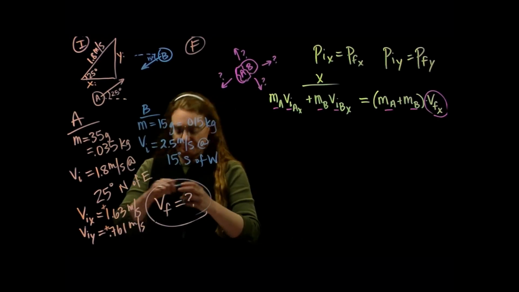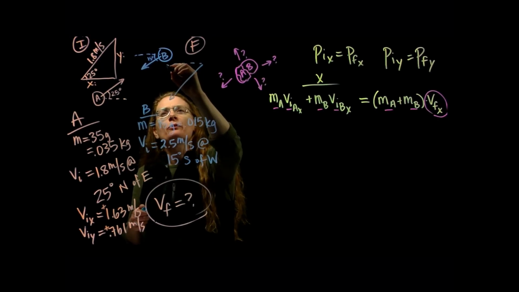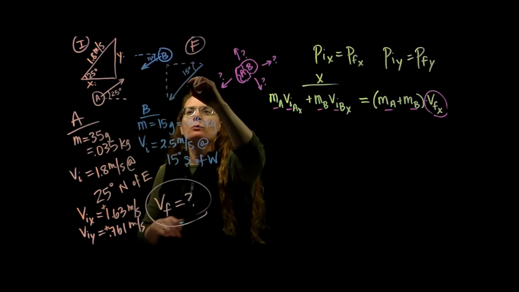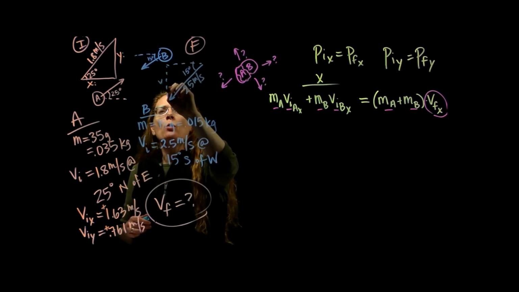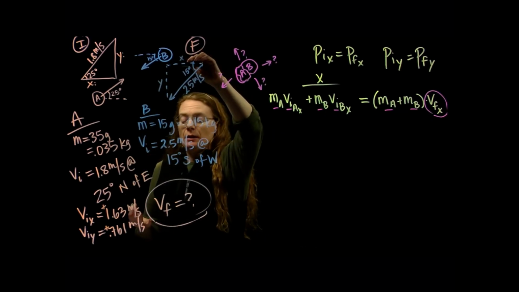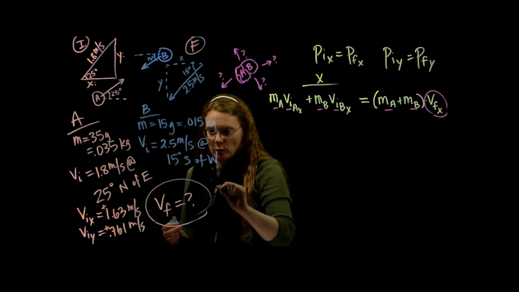How about this one? So we're given 15 degrees, and our initial velocity was 2.5 meters per second. Here, this is my y, and this is my x. Again, given this angle, my x is my cosine component.